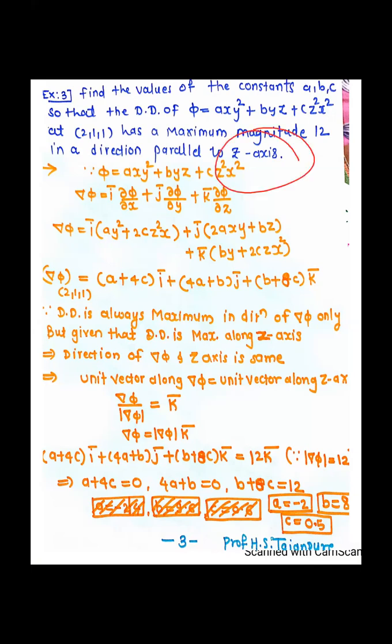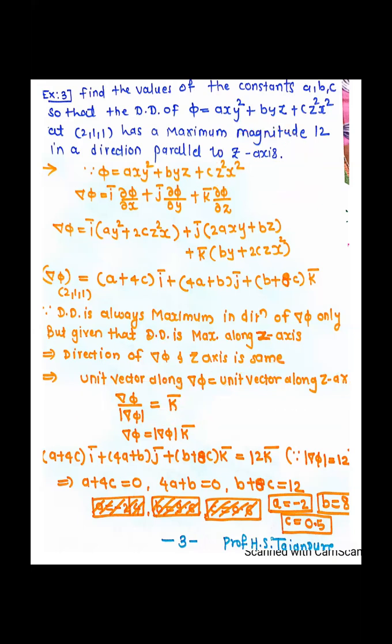That is the difference between the previous example and this one: del phi cap is equal to k bar, because we have to take the unit vector along the z-axis, which is nothing but k bar. That is the only difference.